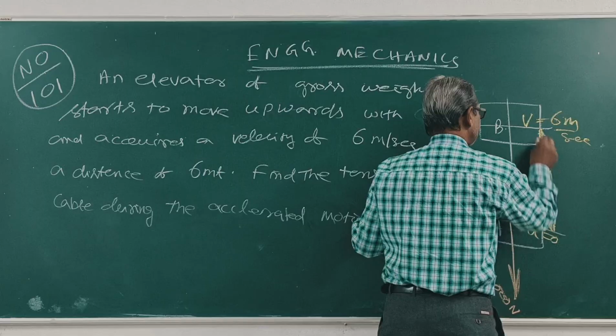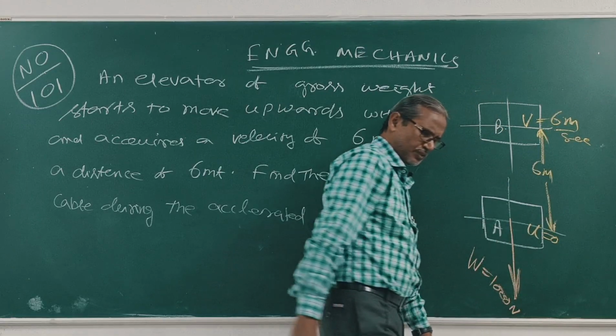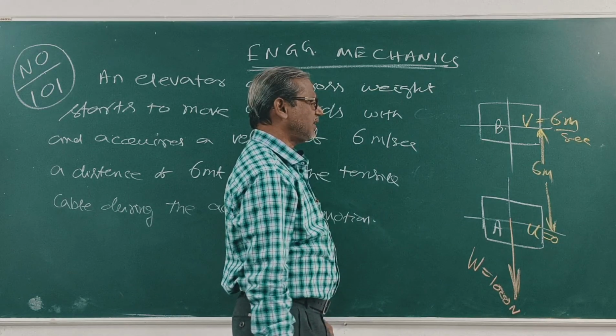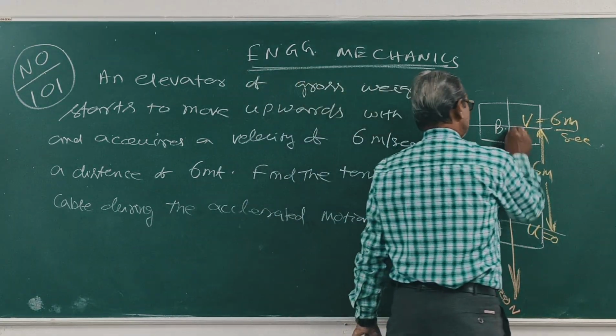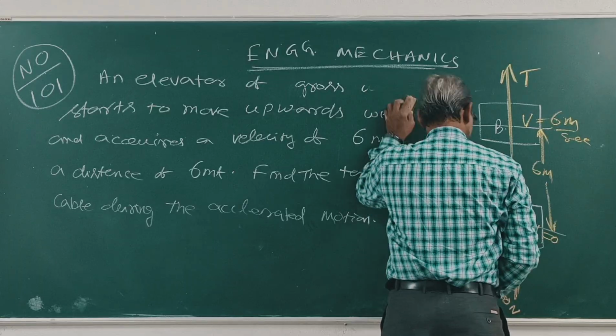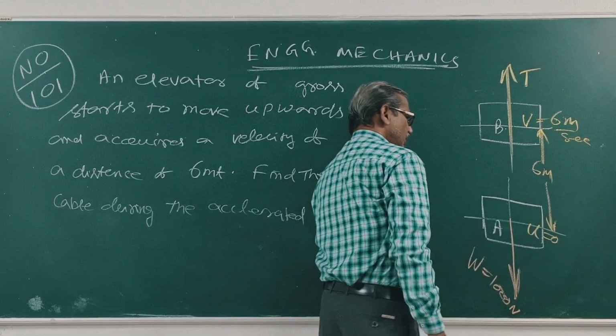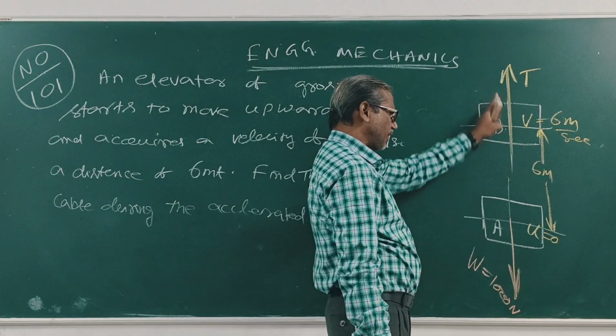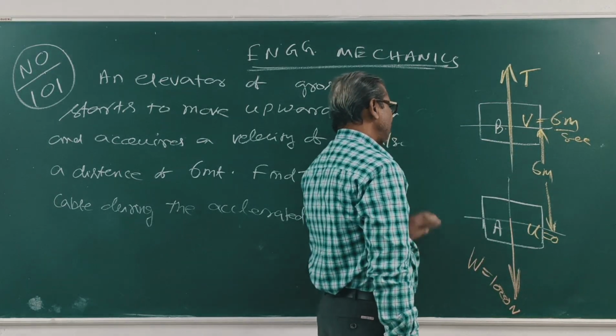Find the tensile force T in the cable. This is tension T. Weight is 1000 Newton, u is 0, v is 6 meter per second, distance covered from A to B is 6 meter. Find the tension T in the cable.